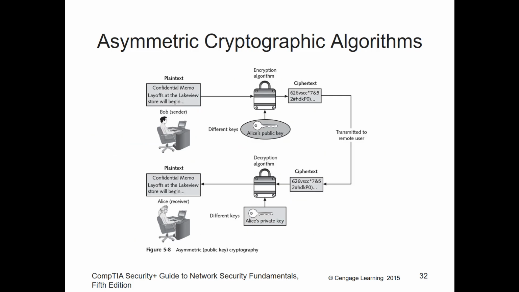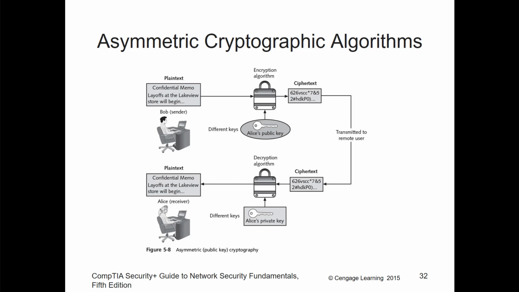The sender will use the public key to encrypt the message. Here Bob is going to send it to Alice. So Bob will take Alice's public key, encrypt the message, and send it to Alice. Alice's private key is the only key that can decrypt the message.